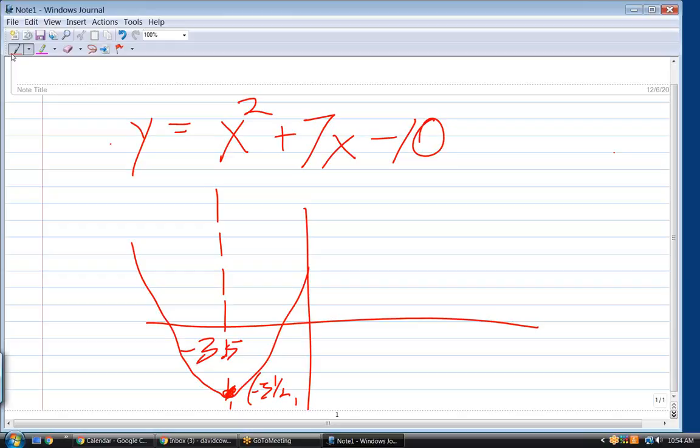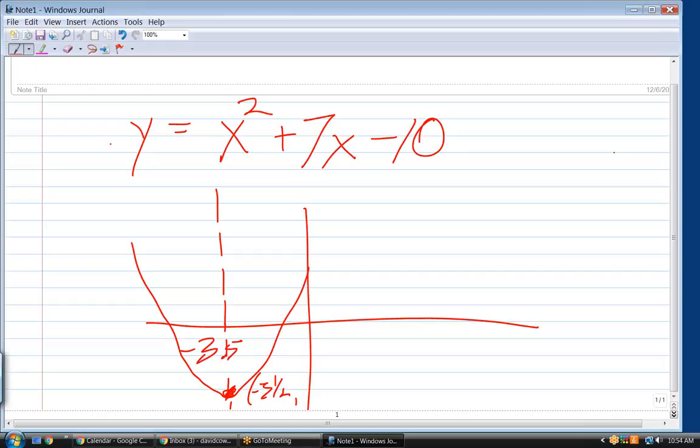And when you're talking y-intercepts, x is equal to 0. It's actually much easier to figure out the y-intercept than the x-intercept, but that's not really considered one of the key points. Sometimes a parabola doesn't intercept x, though it always intercepts y.